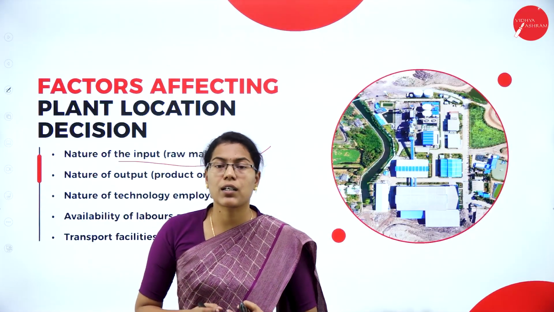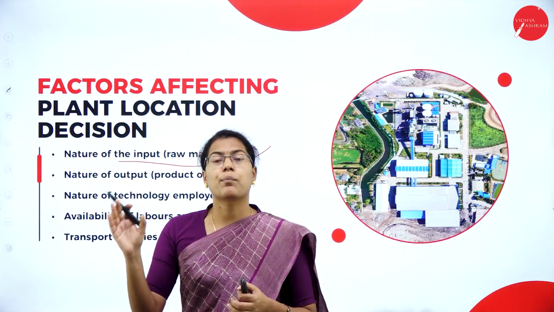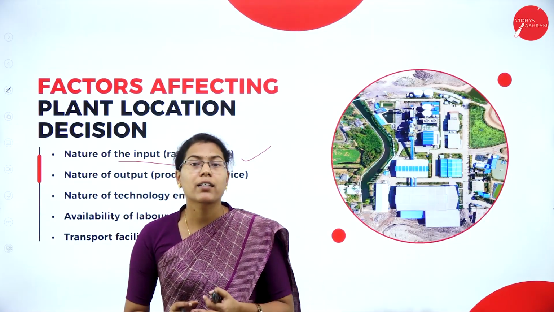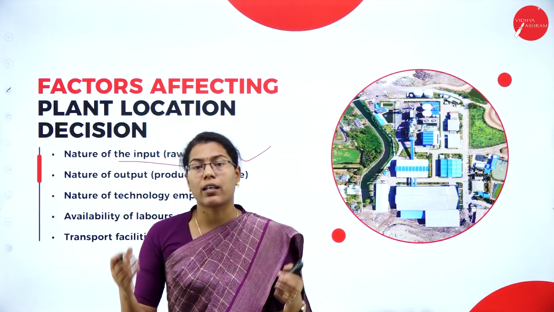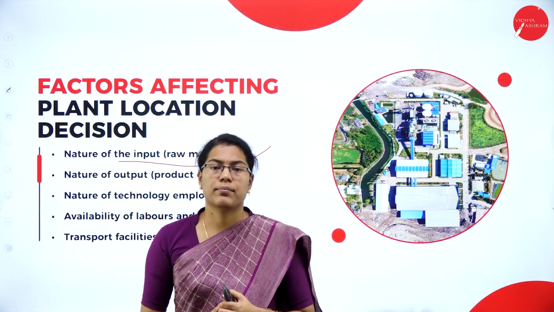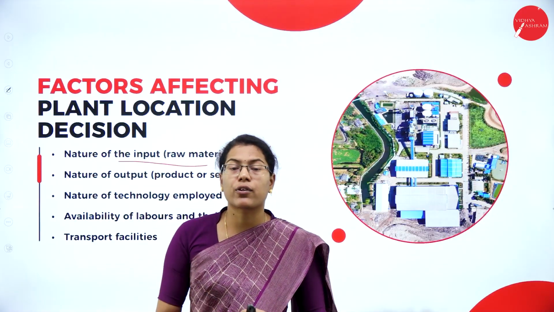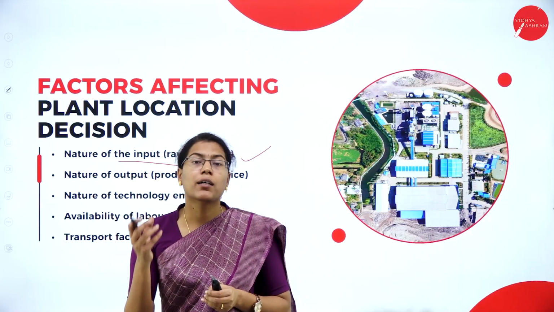Say for example, a sugar factory can be set up in a place where the nearby places are producing sugar cane in a larger quantity. And also they should check for the availability of fuel and power.